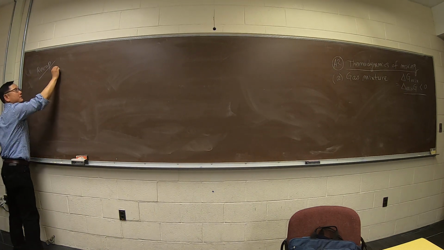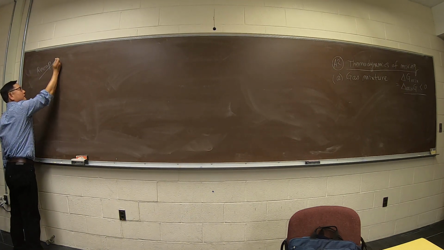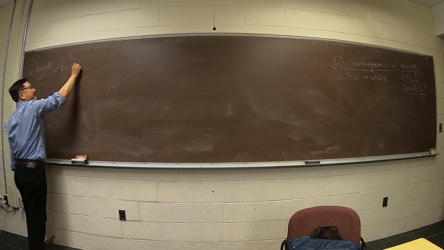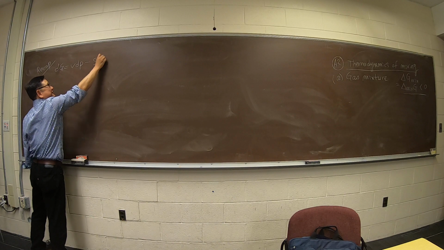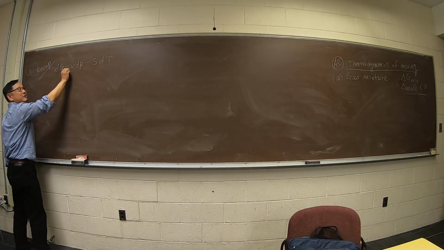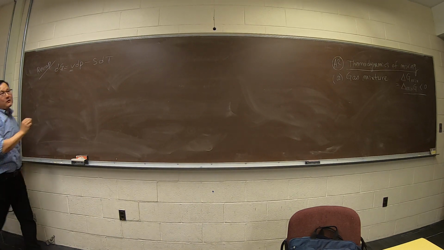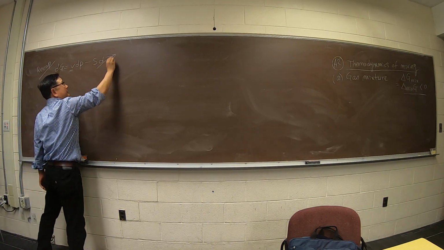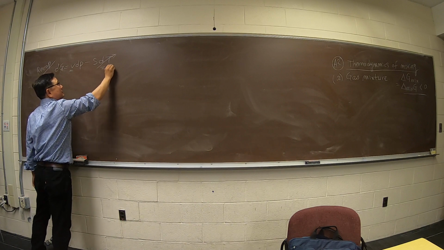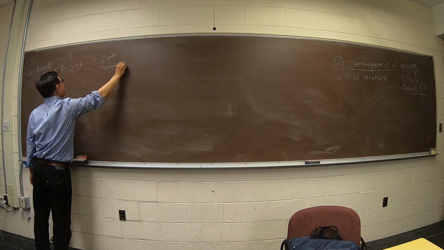So I want to do a recap. Remember, how many times did I write this equation? A lot of times, right? So I'm going to pick on this. I am going to say temperature is constant, so this is isothermal.